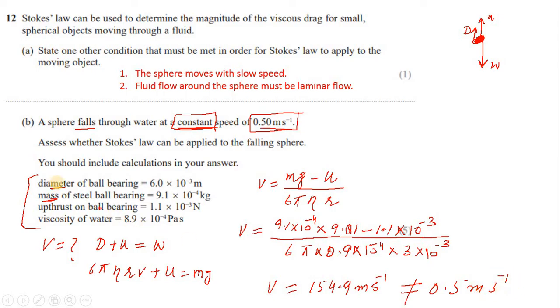So as per the given data, theoretically the sphere is supposed to fall with a constant velocity of around 155, but it is falling at 0.5. So of course we cannot apply Stokes law, it can't be applied. So you need to write this statement. Okay.